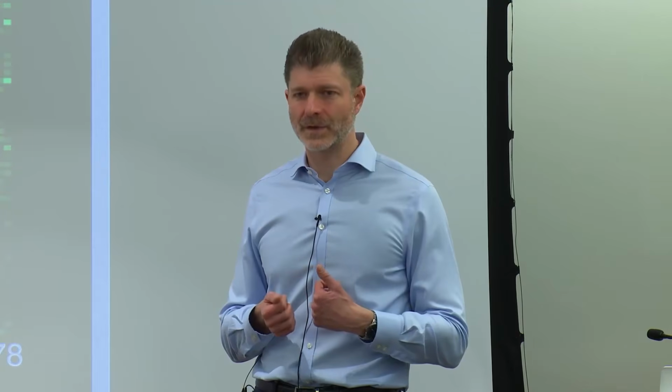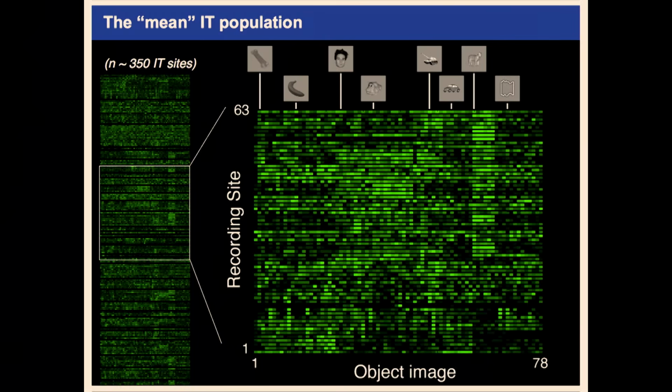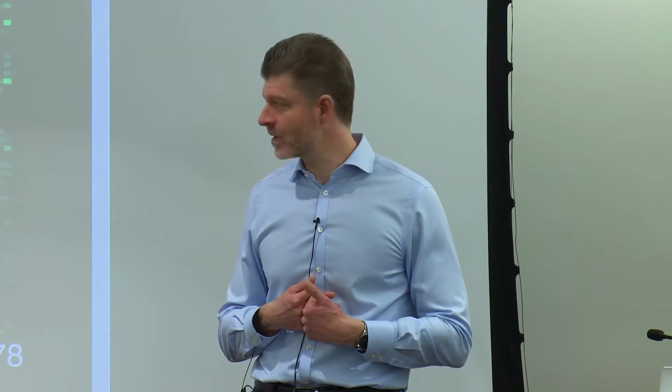Is it mostly learned after development? It's very hard to look at, just because it's hard to do these experiments in very young organisms. So that's an open question, but there's a lot of interest in that right now. Different people disagree about the extent to which these things are innate versus learned.